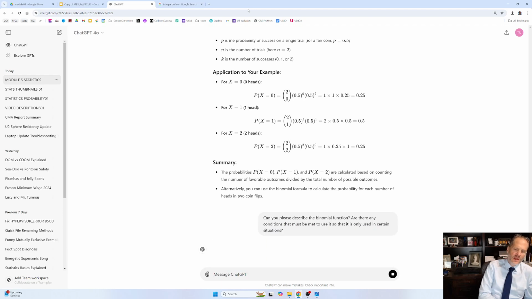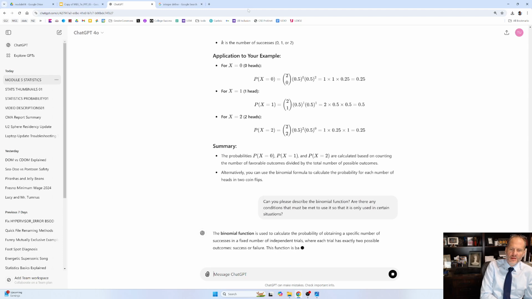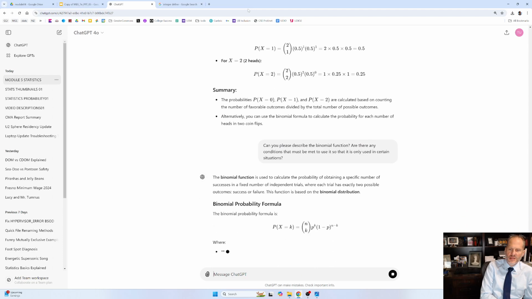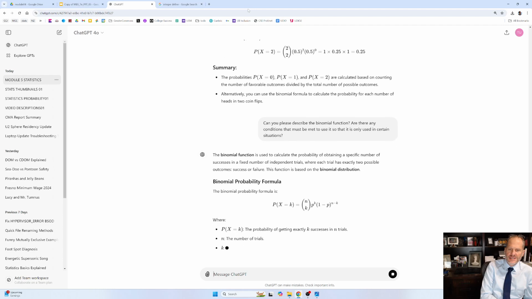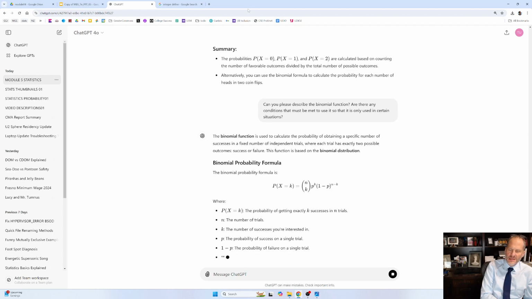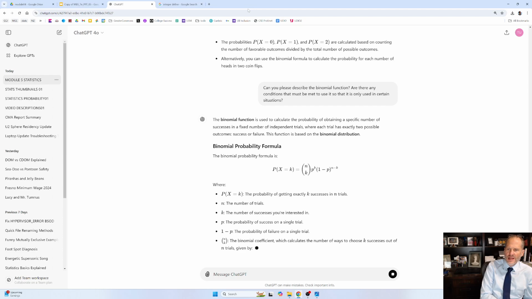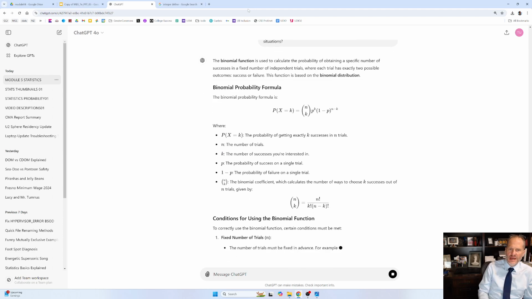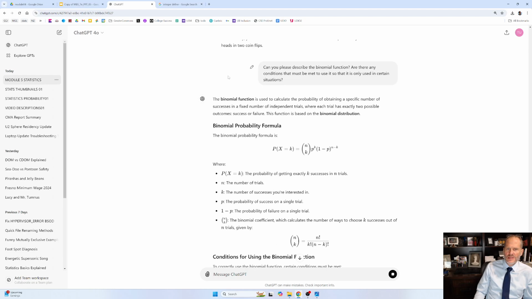And now we'll learn about the binomial function just as a little preview. The binomial function is used to calculate the probability of obtaining a specific number of successes in a fixed number of independent trials, where each trial has exactly 2 possible outcomes. So we're looking to see how many successes we get when we do a fixed number of trials, where each trial has exactly 2 possible outcomes, success or failure.